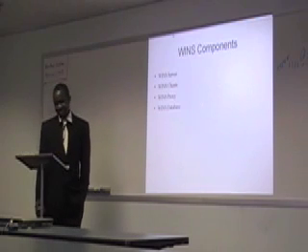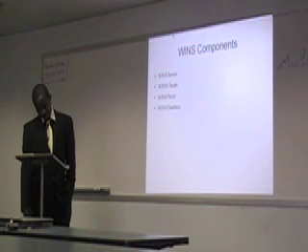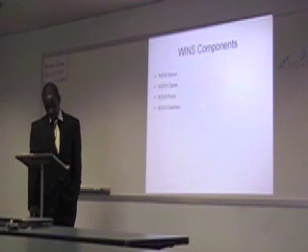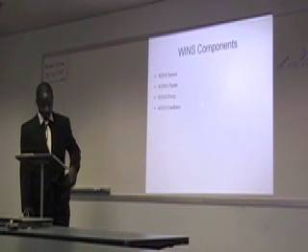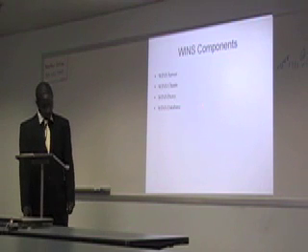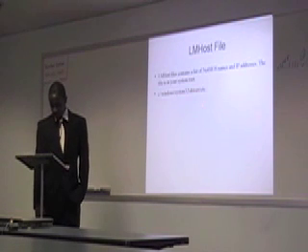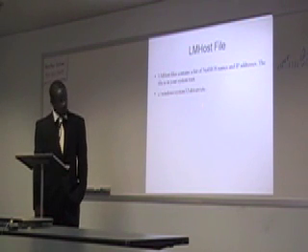A WINS proxy, which I will be talking about later, is a client computer that acts on behalf of non-Windows enabled computers. The database is just an updated list of NetBIOS names and IP addresses. The LMHOSTS files have the list of the NetBIOS names and the IP addresses.